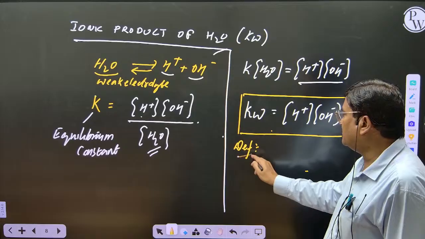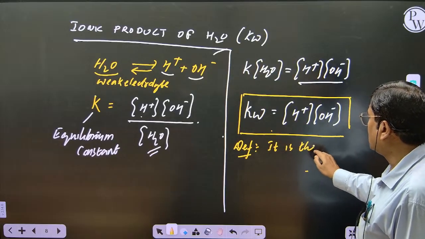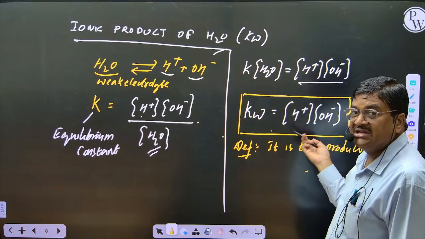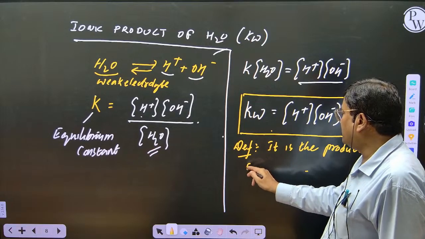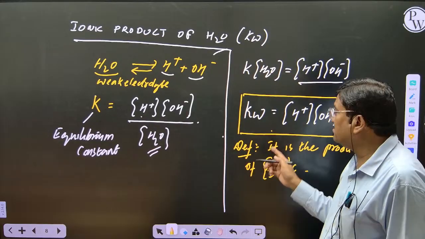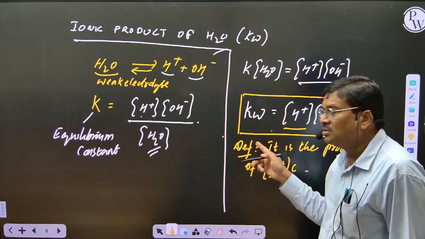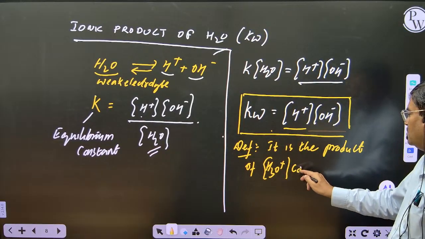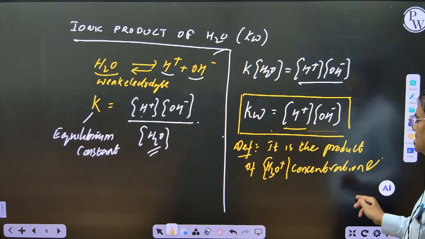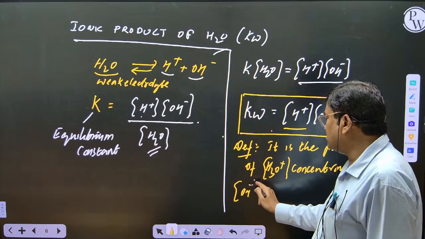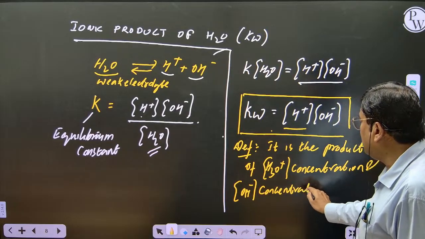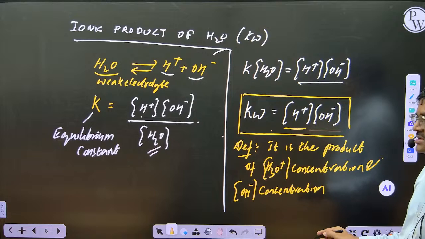It is the product of hydronium ion concentration, actually H3O plus, and concentration we represent in brackets, molarity, moles per liter, and hydroxyl ion concentration, OH minus ion, at a given temperature, provided the temperature is kept constant.